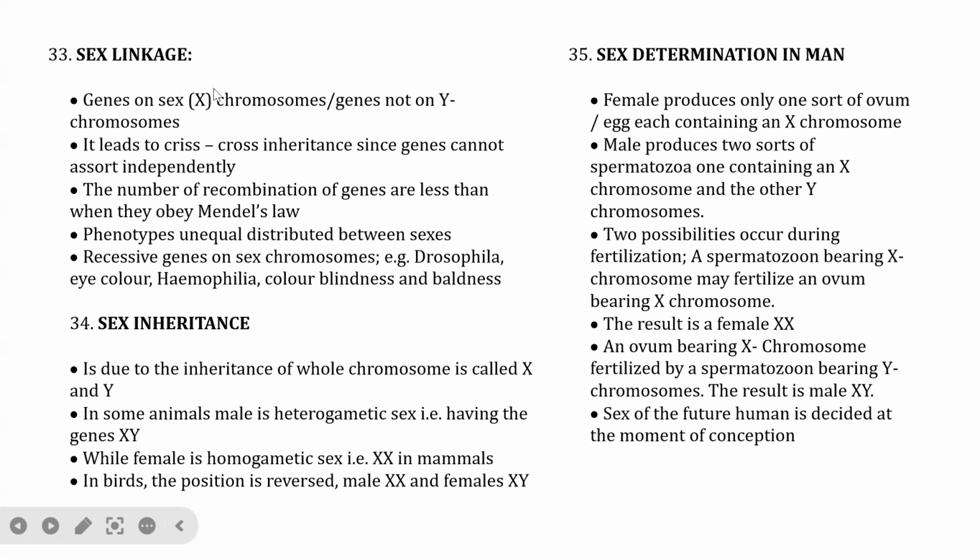So the person is more like a carrier. You cannot know that lady has it at all. And for the male, the only X the male has, once it has been affected, automatically you will see that the male has it. Like this lady, for example, who is a carrier.